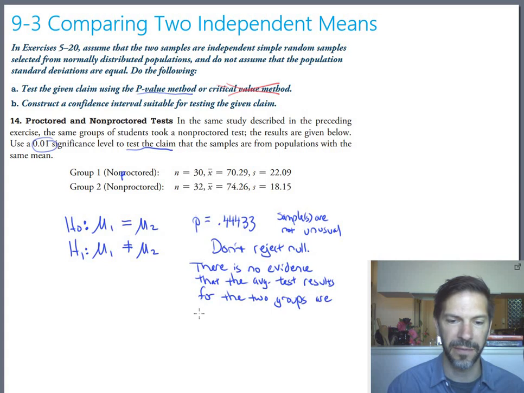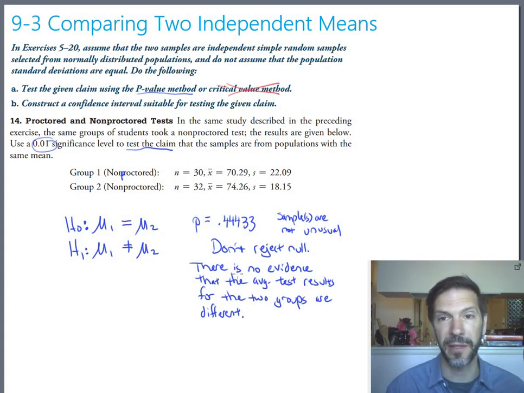No evidence that they're different. Again, be careful not to say that they're the same. We don't know they're the same. The samples certainly weren't the same, 70 versus 74, but those just aren't different enough that we consider them to be proof of a difference. Okay, so there's our hypothesis test.